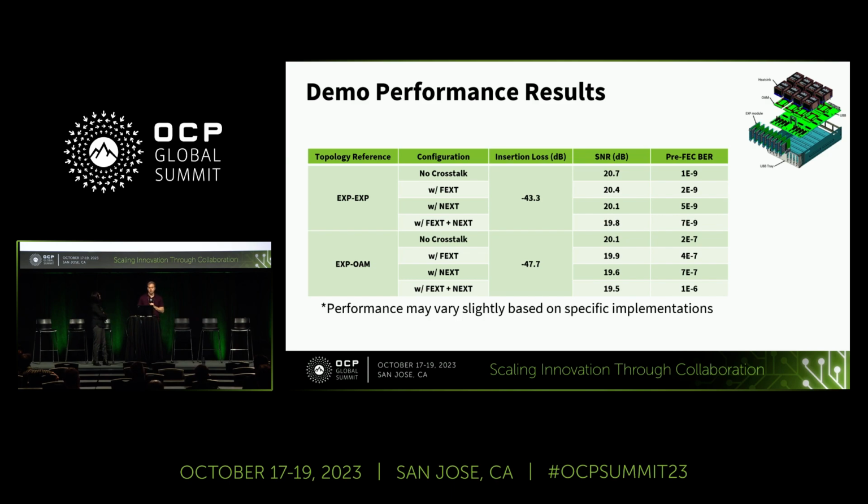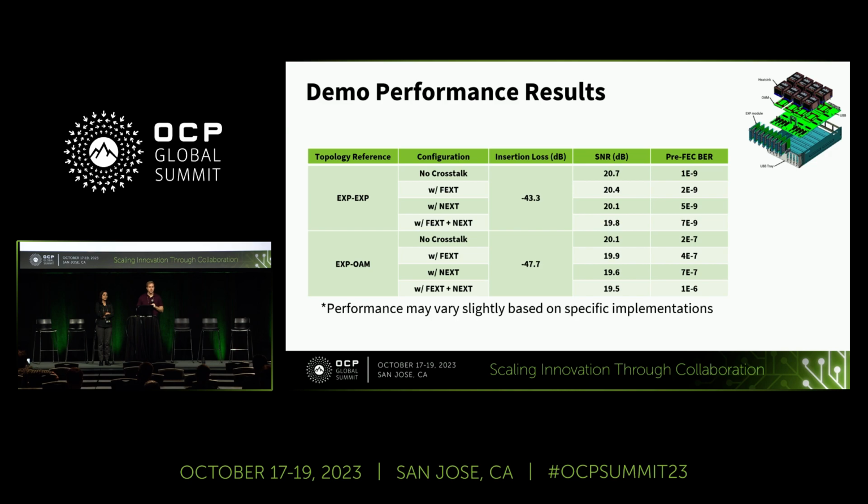This is, again, both topologies, expansion module to expansion module. We looked at the results without any crosstalk. The insertion loss shown here is measured die to die, as opposed to ball in the previous topology. This is what we had access to with the device. It gave us great visibility in terms of the end-to-end loss. And we can compare the two topologies together. We can look at the effects of crosstalk.